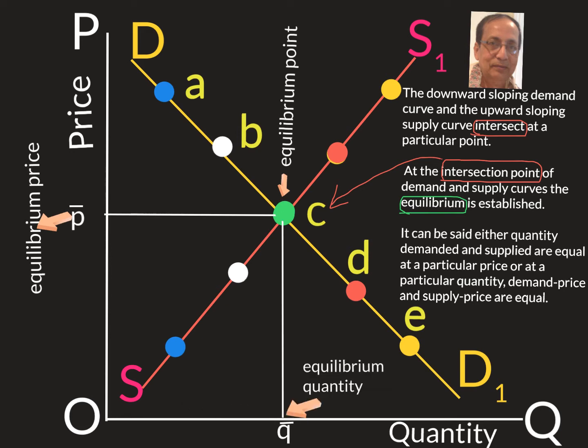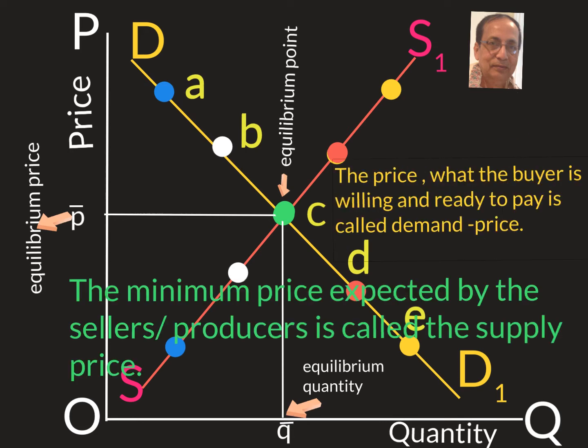Here, it can be said either quantity demanded and supplied are equal at a particular price, or at a particular quantity, demand price and supply price are equal.